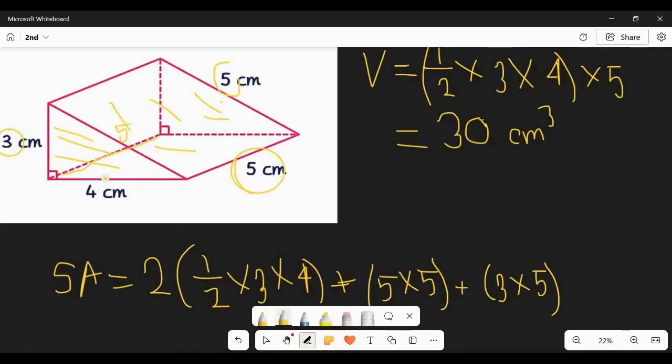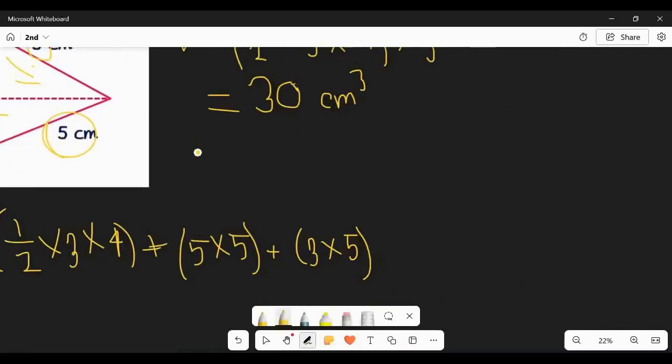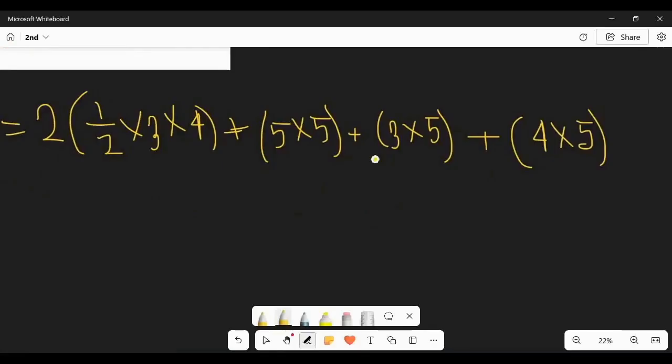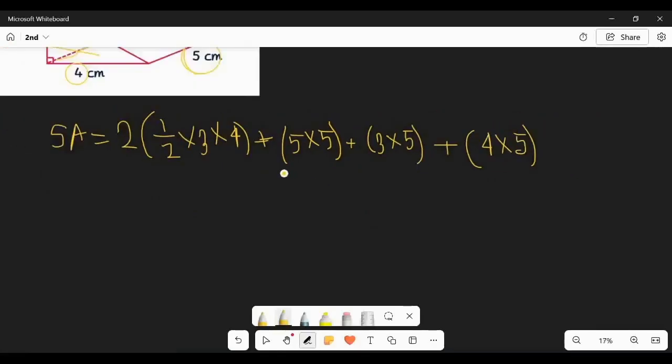Now this rectangle at the very bottom, this one's length is 4, another one is 5. Plus 4 into 5. Now let's just calculate.